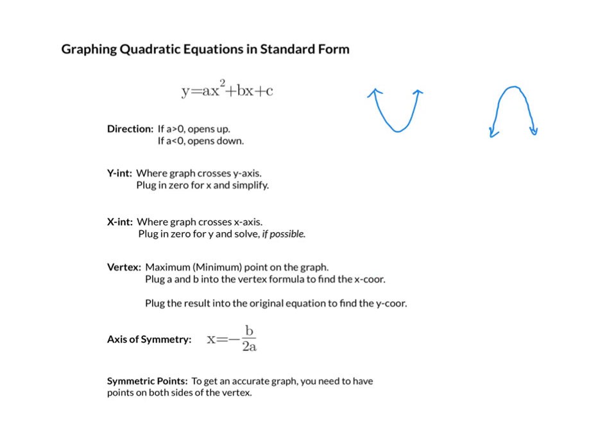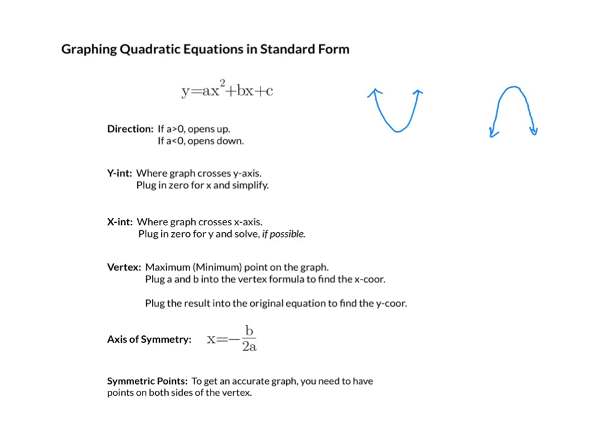We want to plug in 0 for y and solve using factoring if possible. If it does not factor, then you have one of two conditions. Either you have no x-intercepts, or you don't have nice x-intercepts. In either way, we don't want to graph those.